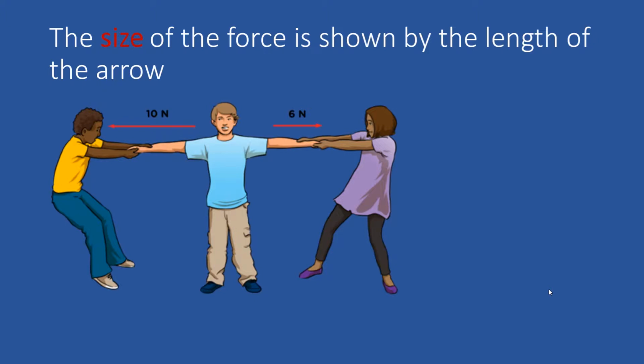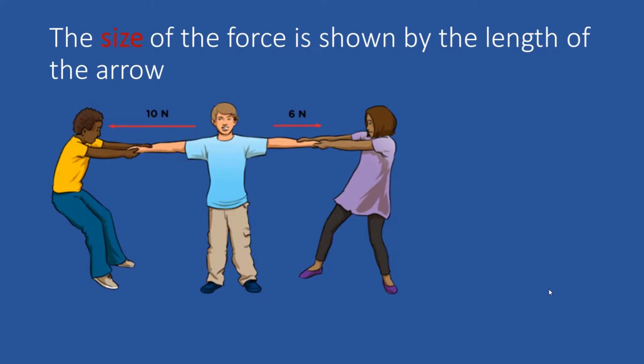Now we have explained how we represent the direction of the force. Now, how do we represent the size of the force? If I exert a force, and one of your classmates exerts a force, we can say that your classmate exerts a more powerful force than mine.